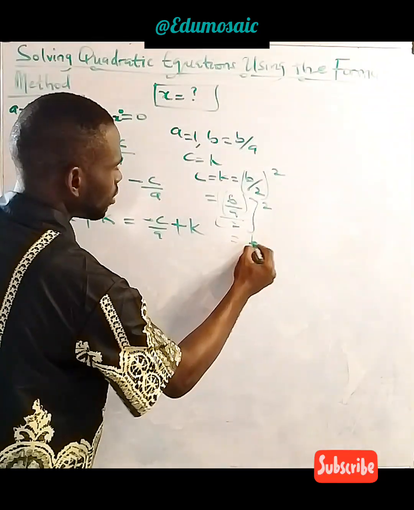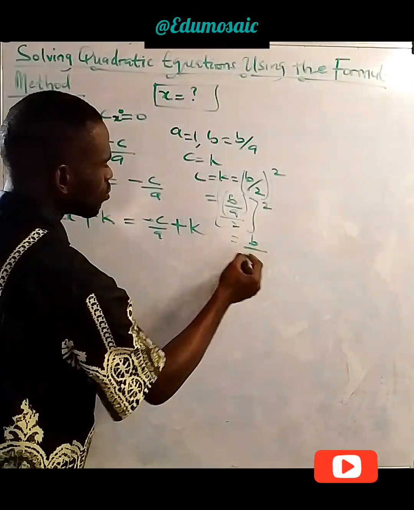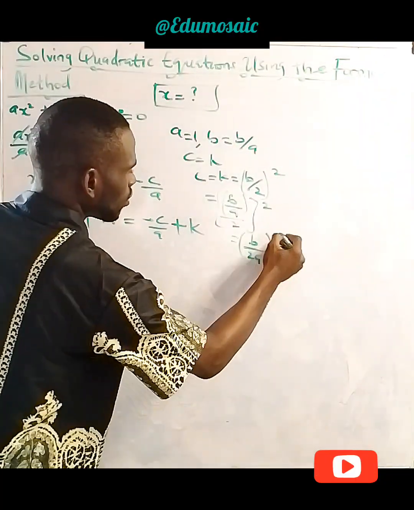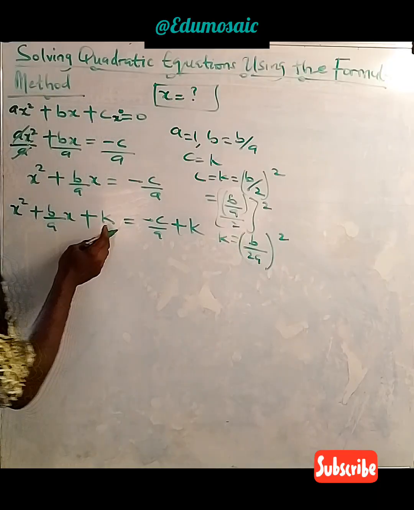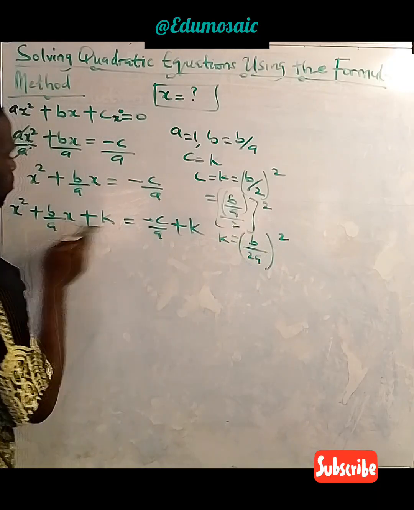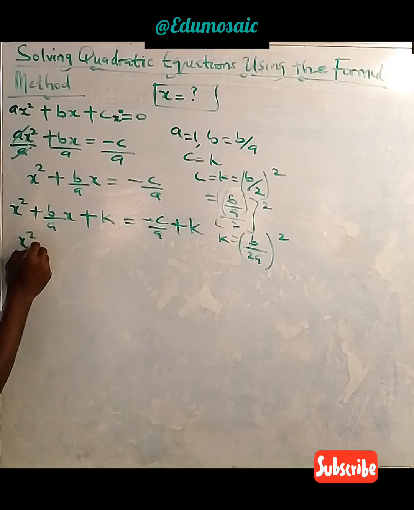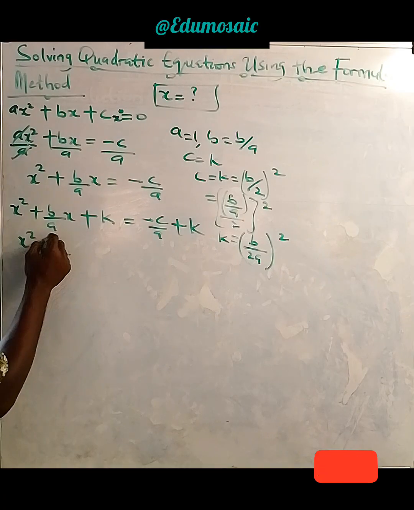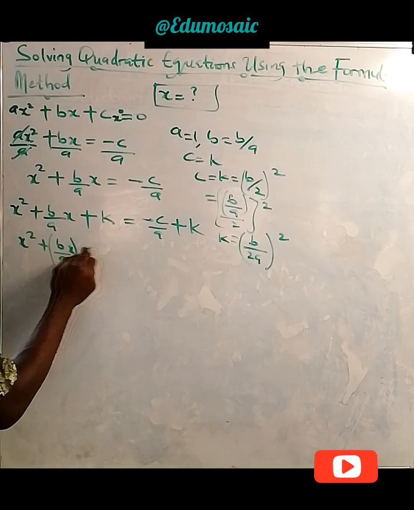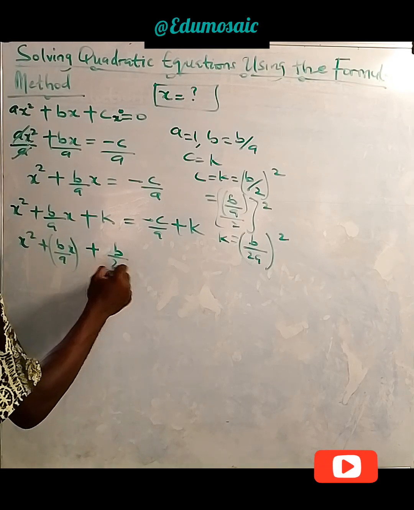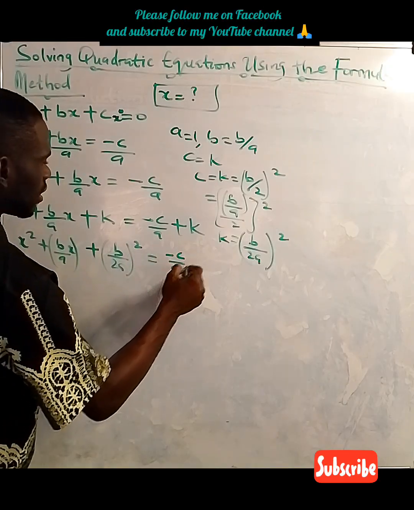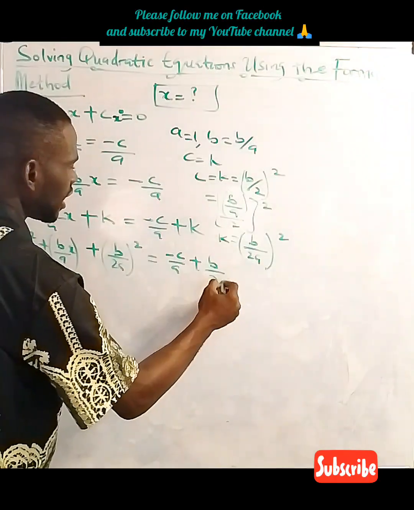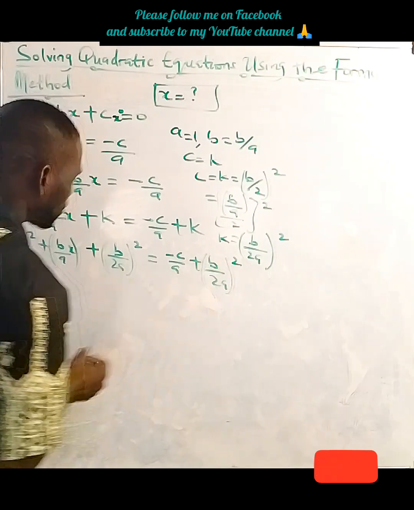So what do we have? That is b over a divided by 2, which is b over 2a, raised to the power of 2. That's the value of k. So we're going to add this b over 2a raised to power 2 to both sides. So that will be x squared plus b over a x, plus b over 2a raised to power 2, equals minus c over a plus b over 2a raised to the power of 2.